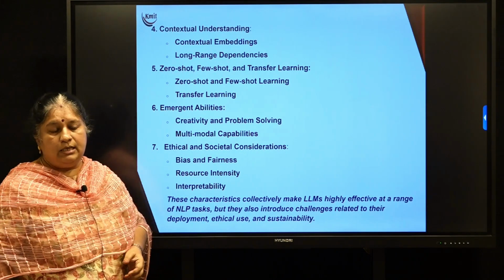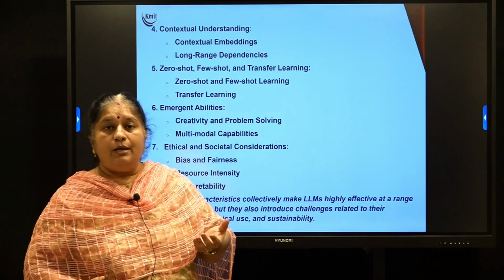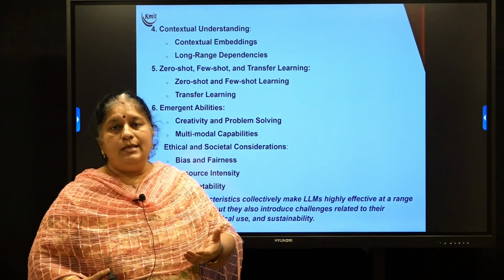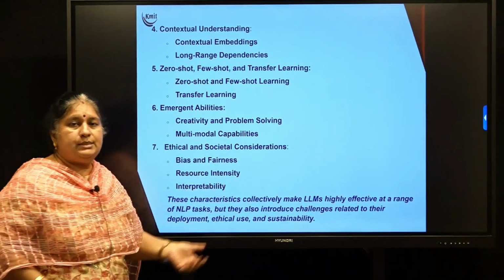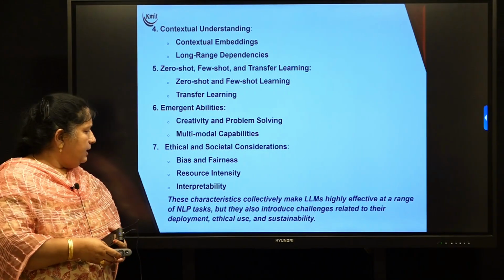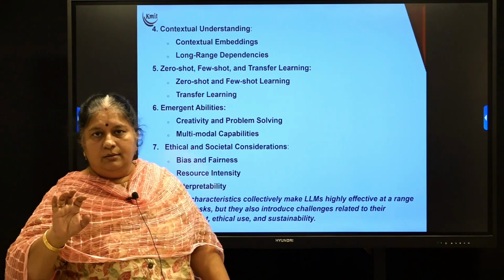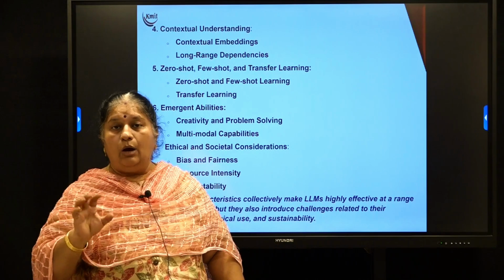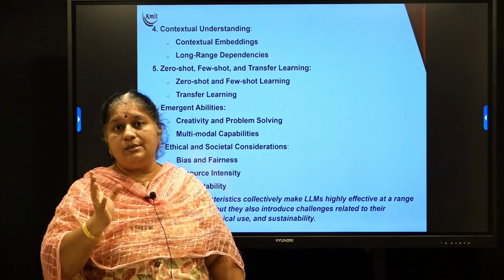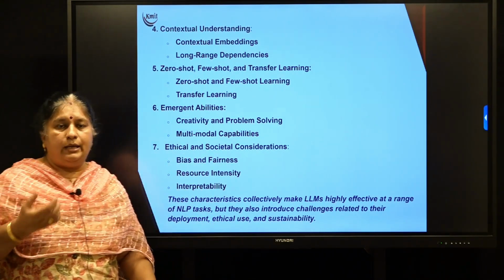Resource intensity, LLM is working fine with huge amounts of data, but you need to take care of storing that huge amounts of data, the processing capabilities, all these things, we call it resource intensity. Interpretability, what do you mean by that? LLM is trying to solve all the works, but what algorithm it is using, how it is arriving at a conclusion, how it is arriving at an output, those things cannot be predicted. So interpretability is also an issue.